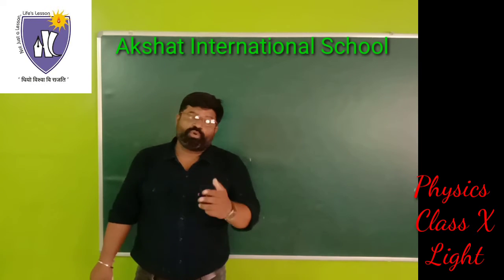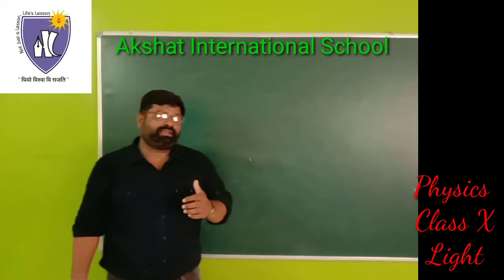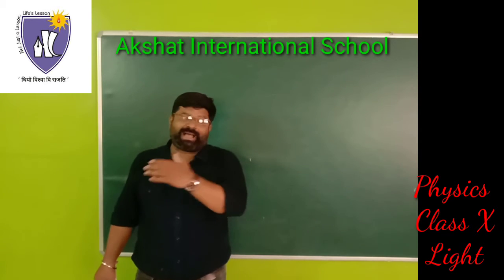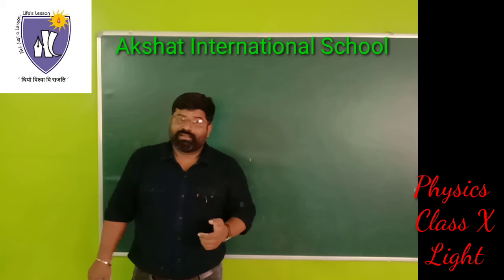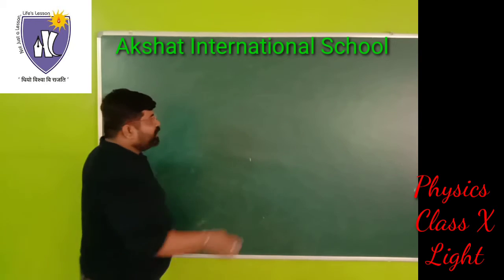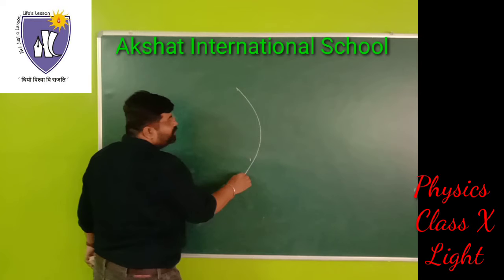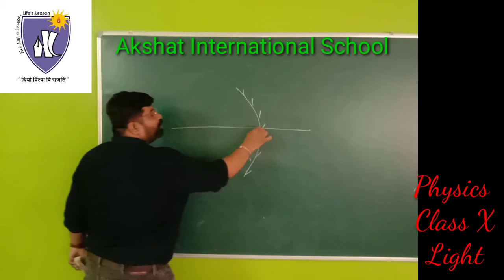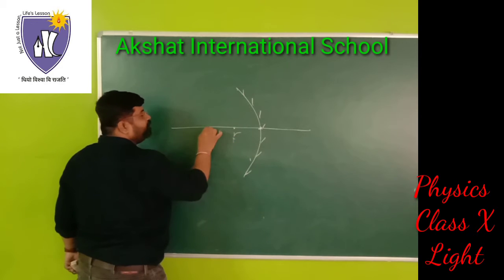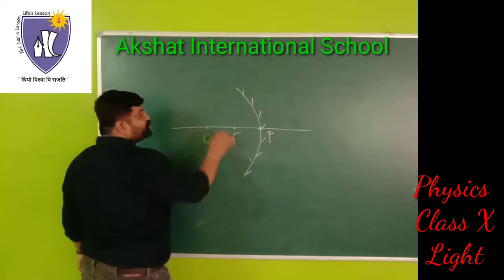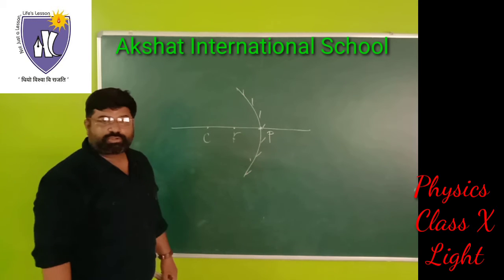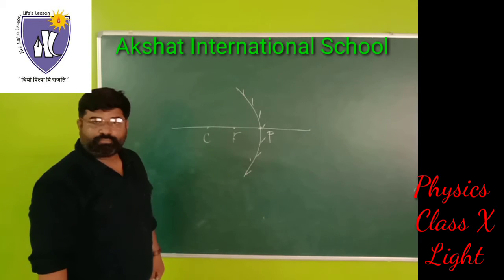Okay, now as you have seen, I have taken 2 or 3 different types of rays, the passage of those rays. In the first case I had taken 2 rays, where the first ray passed parallel to the principal axis, and after reflection it passes through the focus.